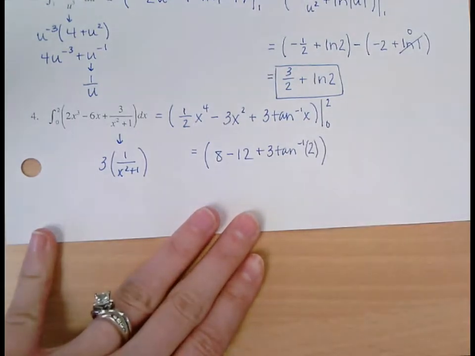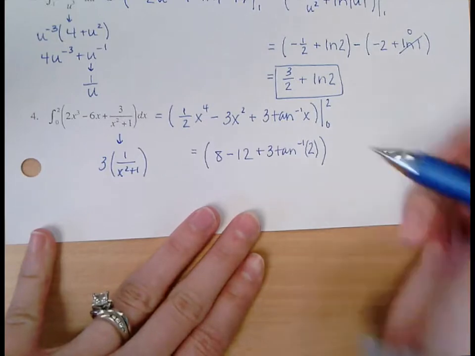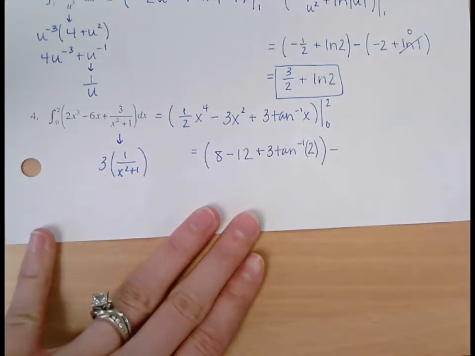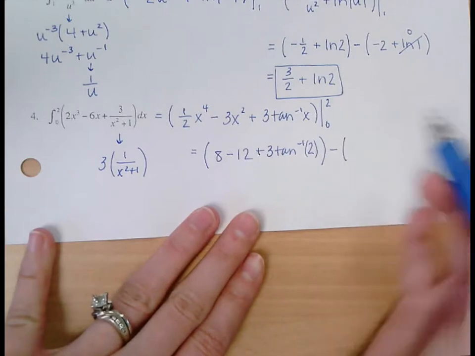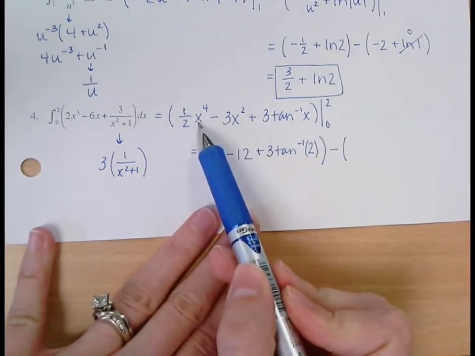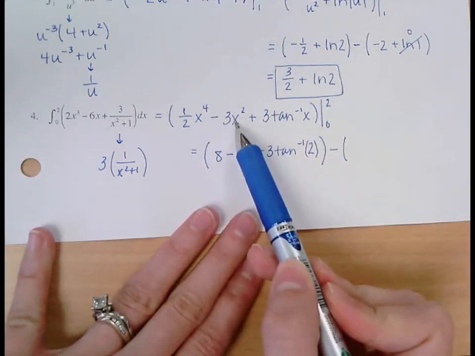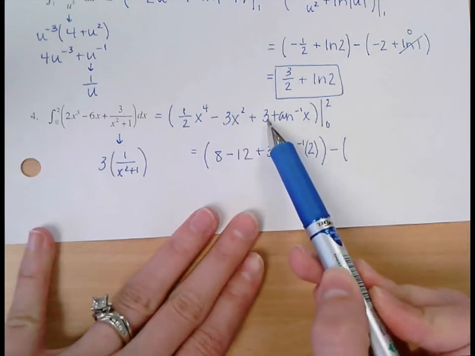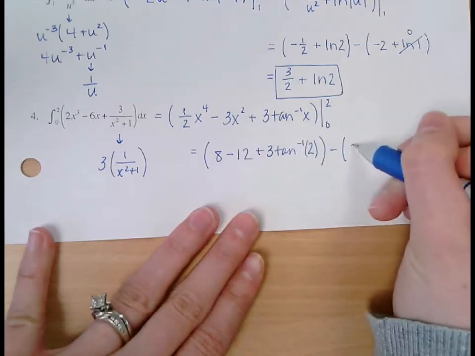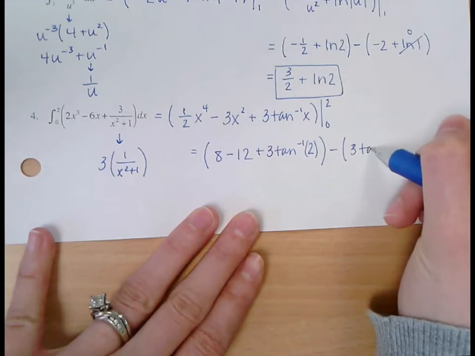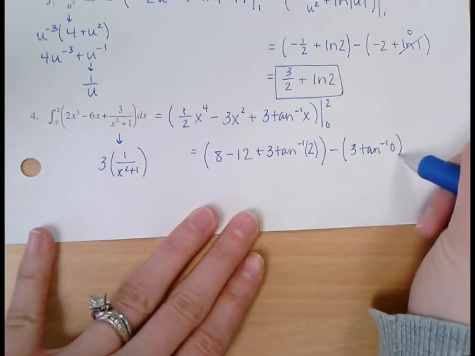So I have that entire quantity if I substitute in 2, and then I would subtract what I get if I substitute in 0. So I know 1/2 x to the 4th will be 0, 3x squared will be 0, 3 inverse tangent of 0.